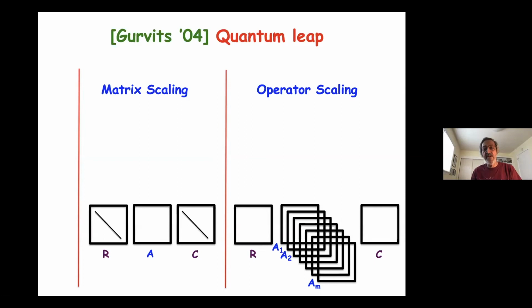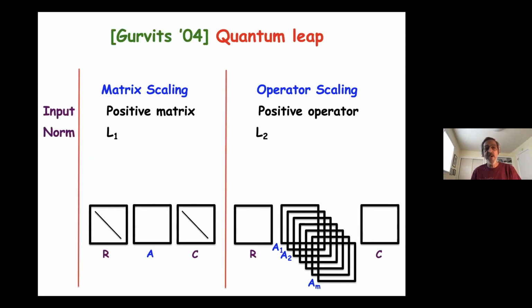So we'll have a tensor, a tuple of matrices, and we'll scale them by non-singular matrices. Basically, we'll move from matrices to operators, from the L1 to the L2 norm. The notion of double stochasticity will be natural.